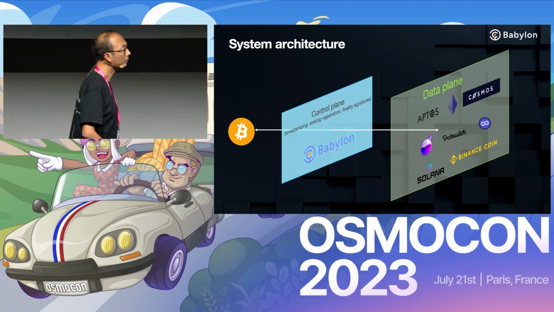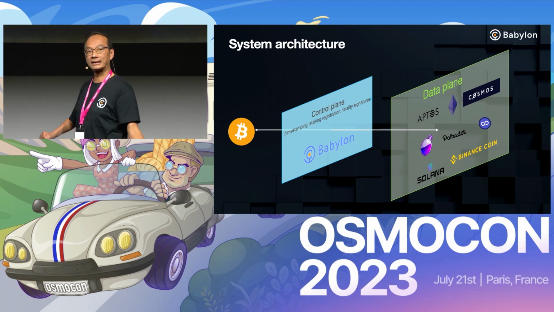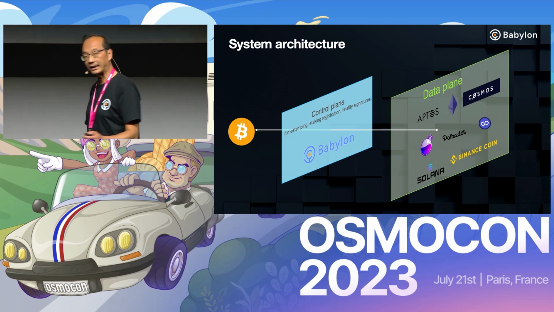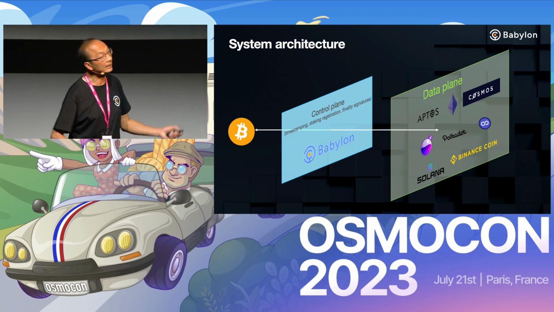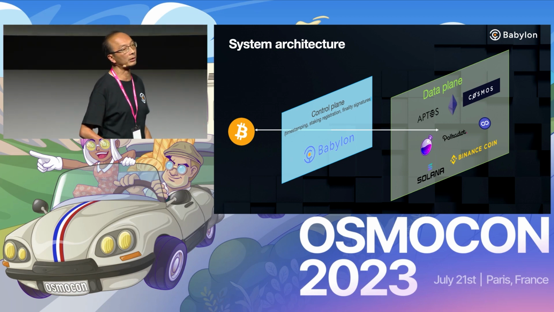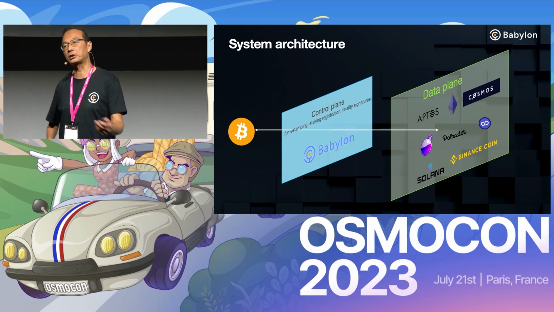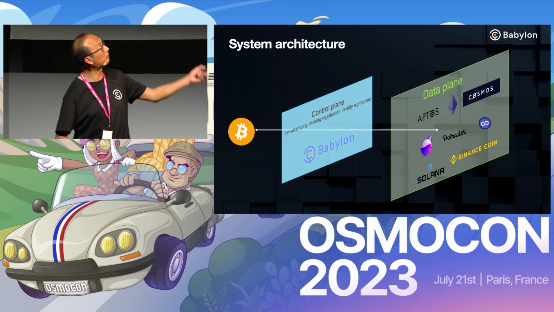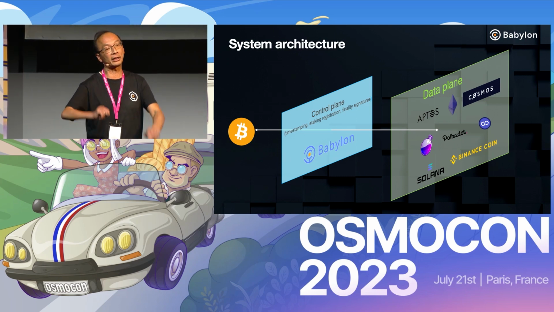Now, what's the architecture of the system that we're envisioning? You can divide your system into two parts. One, we call the data plane, which is validators validating blocks of the proof-of-stake chain. There are many proof-of-stake chains, and many validators running this.